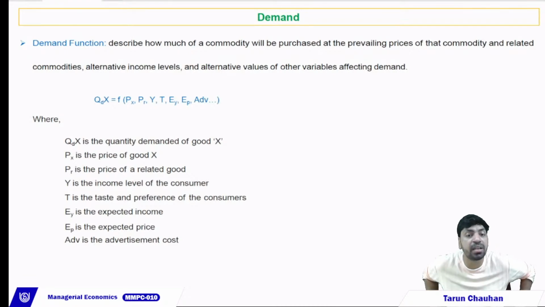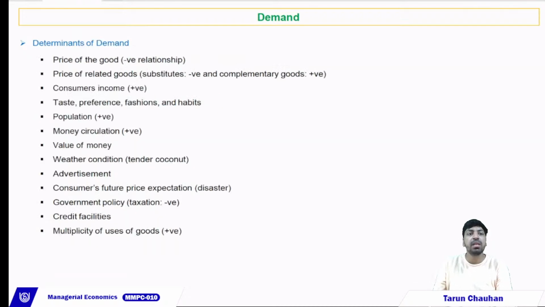These are all the factors which influence the demand, and demand is a function of all of them. In other words, demand function refers to the quantity as a function of its determinants influencing demand. These determinants are the factors which influence the demand.